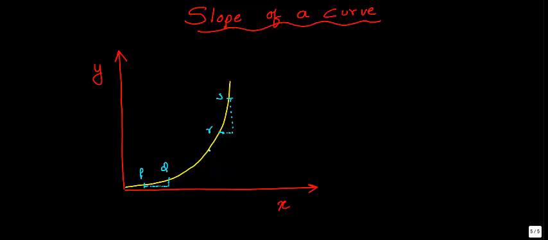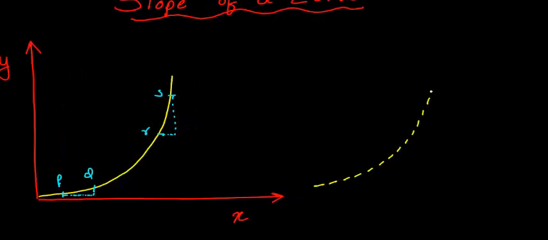So how Leibniz thought about this is that he imagined this whole curve to be made of infinitesimally small lines. When you say please find the slope at this particular point of the curve, what I'm going to do is find the slope of this small line.